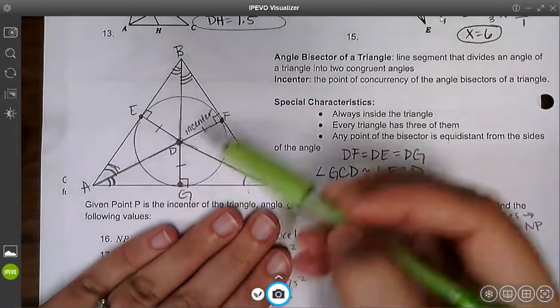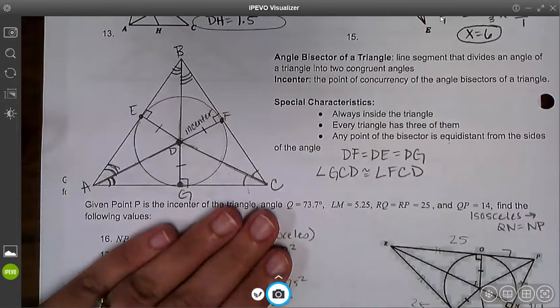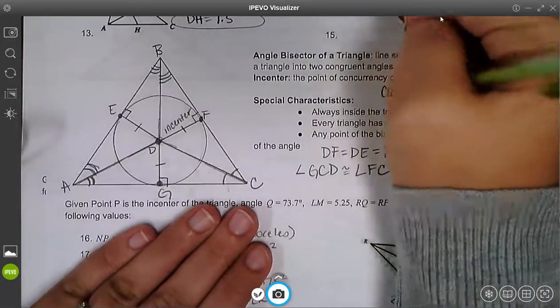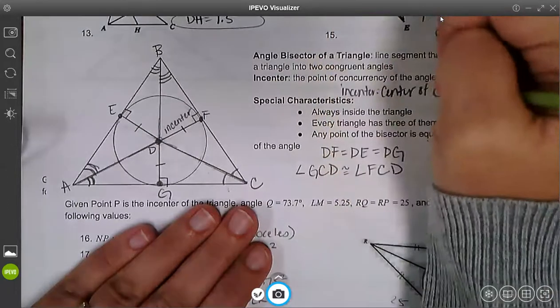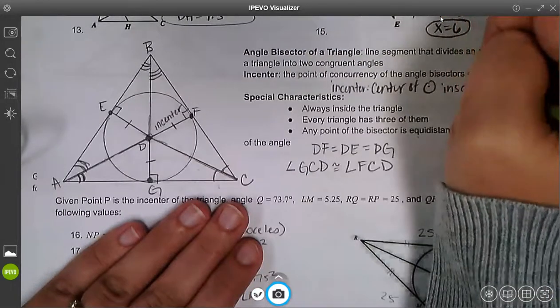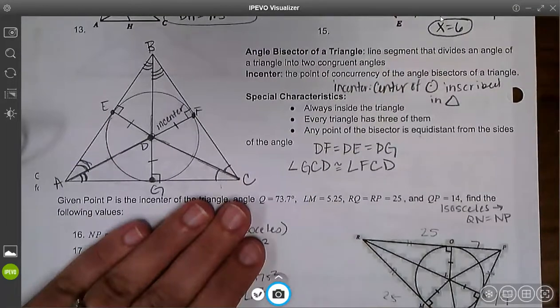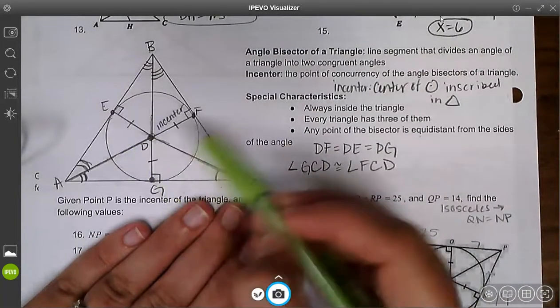Bisecting the angles, the incenter is the center of the circle that can be inscribed in the triangle. It's the biggest circle that will fit inside your triangle and touch all 3 sides. So it's equidistant, and all of these radii are the same.